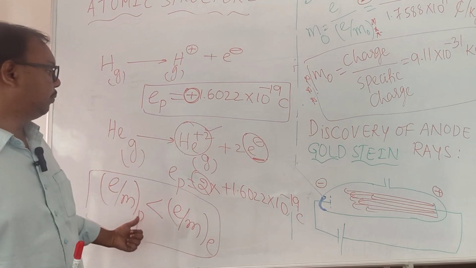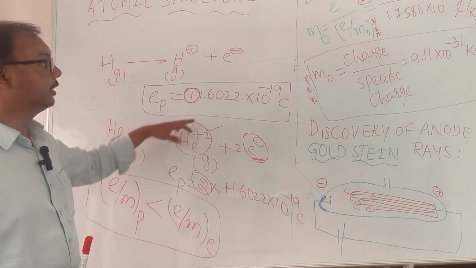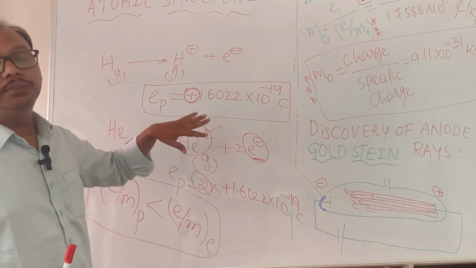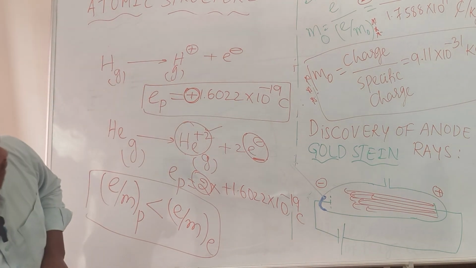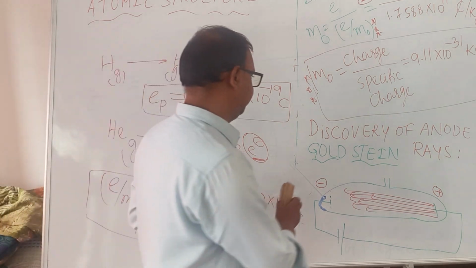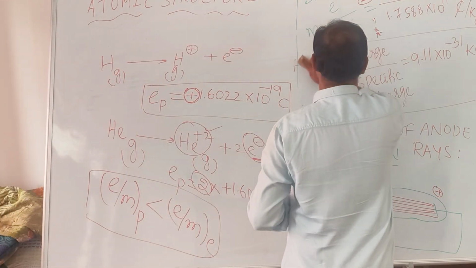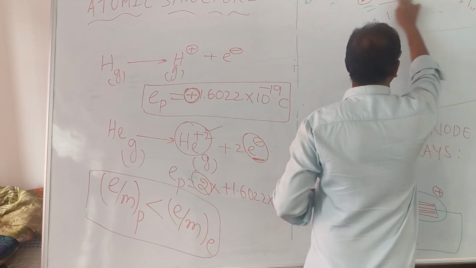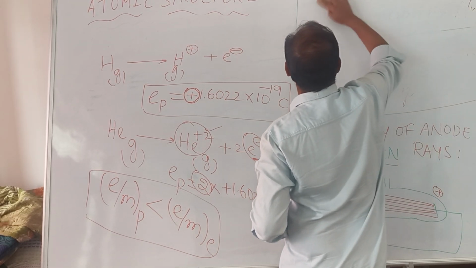Then what is the E by M value of proton for H gas? To find out the E by M ratio of proton, we should know the mass of proton.